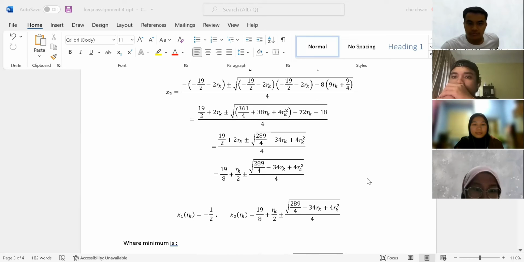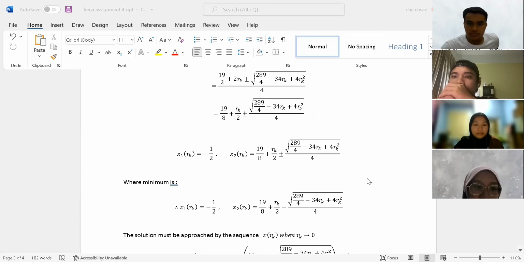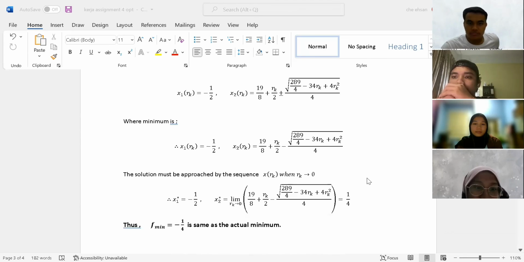Then we get x1(rk) equal to negative 1 over 2, which has been explained, and x2(rk) from this equation. For x2(rk) we only choose the minus part, which is 19 over 8 plus rk over 2 minus this expression. So we'll get the solution.